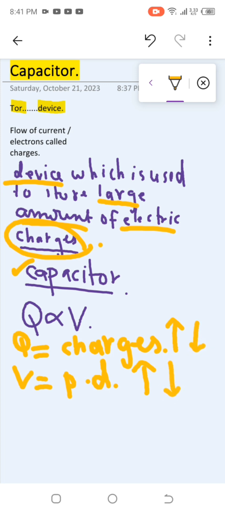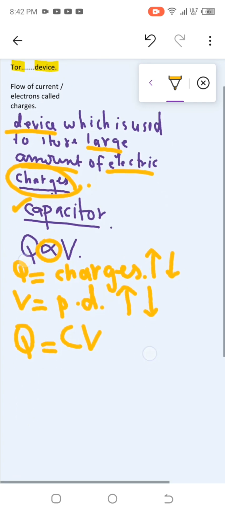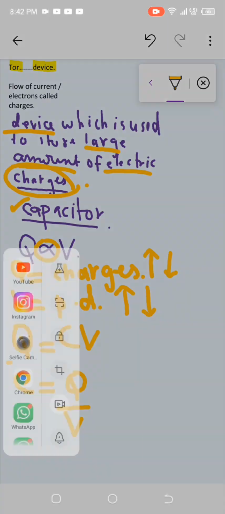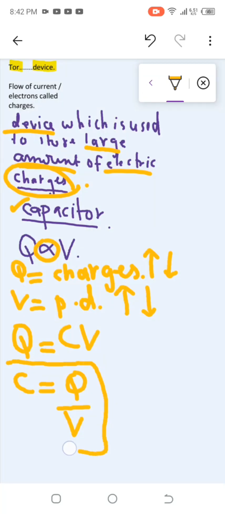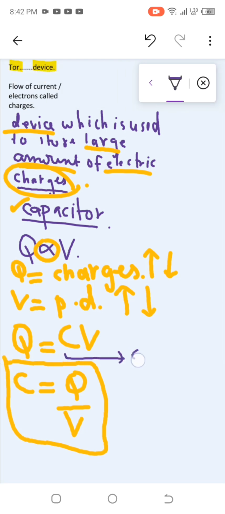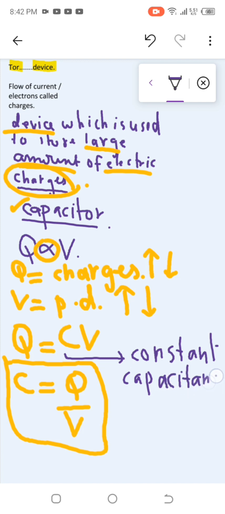Now, to remove the proportionality sign we put an equals sign and a constant, so Q is equal to CV, and C is equal to Q over V. Here C is the constant, which is the capacitance. What is capacitance?